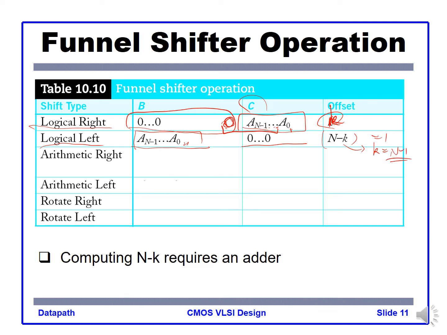So we select the offset as N minus 1, so we are selecting from the MSB of the C to AN minus 2, right? Then logical left by 1 is done. So this is a handy way to implement all these, like 1 2 3 4 5 6 cases: we can fill in the B and C and the offset for different shift operations.